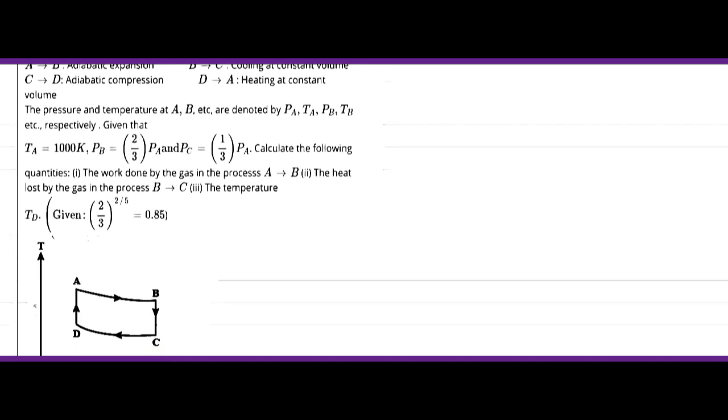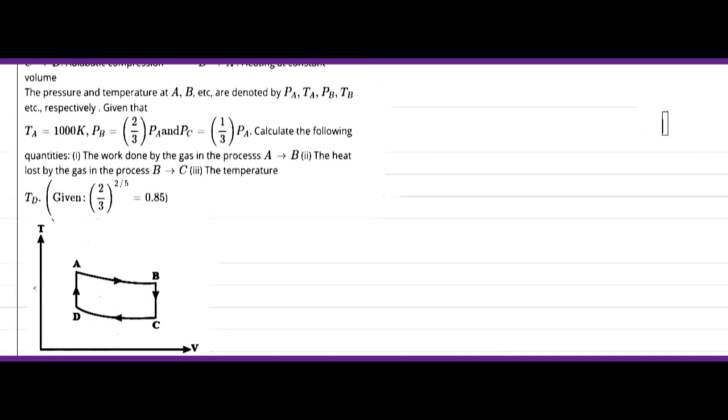So first we'll write down all the quantities which are given. TA is equal to 1000 Kelvin, and n is equal to 1, the number of moles is given as 1.